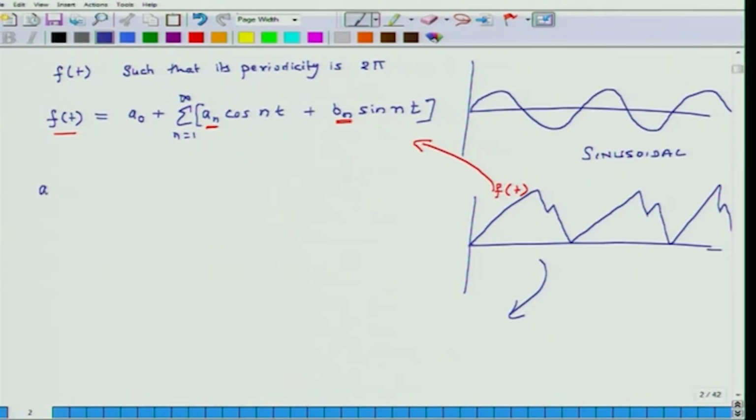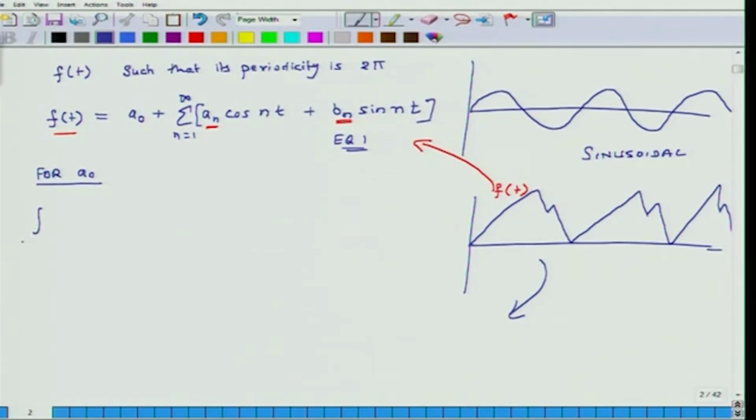So to calculate a0, what do we do? We multiply both sides. Let's call this equation 1. So multiply both sides of equation 1 with dt and integrate between minus pi to pi, which is the period of the system.